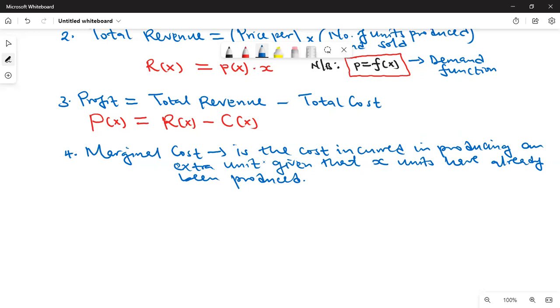That is what we are calling marginal cost. And in calculus, marginal cost is given by the formula. We'll denote that by MC to mean marginal cost. It is the derivative of the cost function with respect to X. Very important.